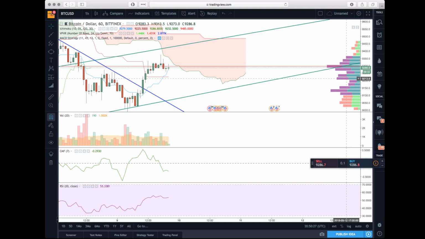So if you're looking for some entries on a shorter time frame, you definitely want to look at some of this more recent action. And you'll see people using lower time frames as well for entry and exit points on day trading. I tend to look at the hourly as one of my smallest time frames because I tend to take longer time frame positions overall.